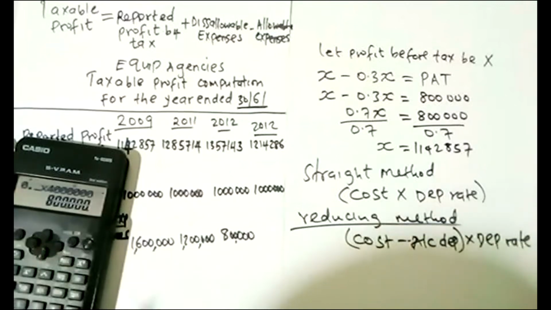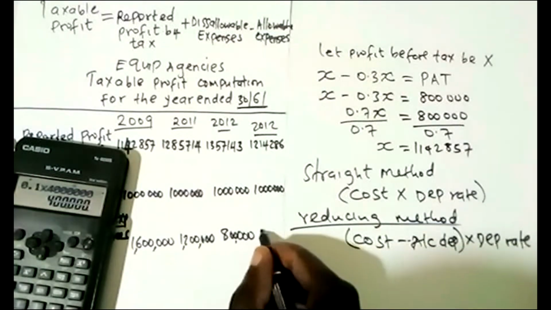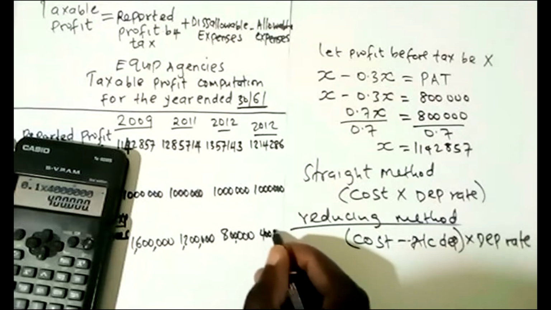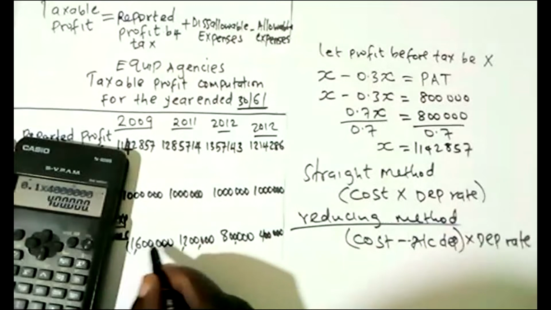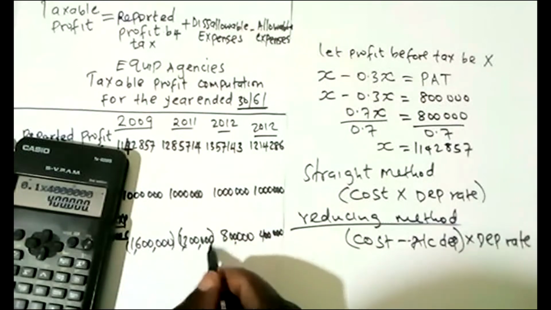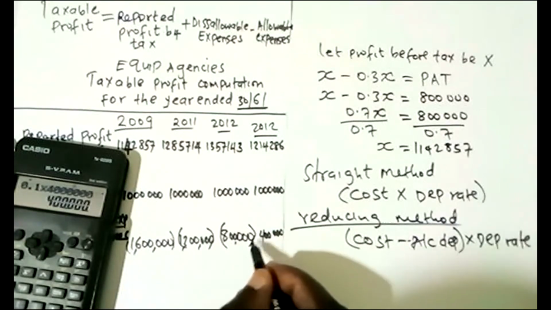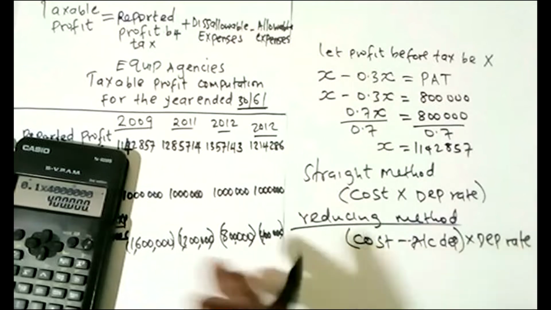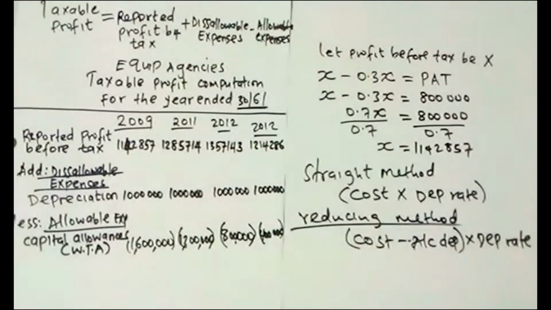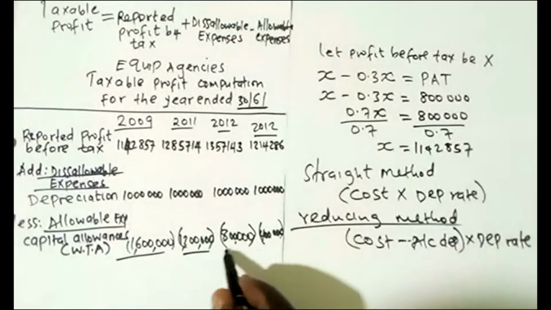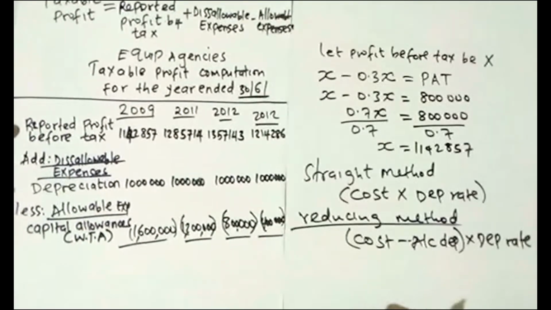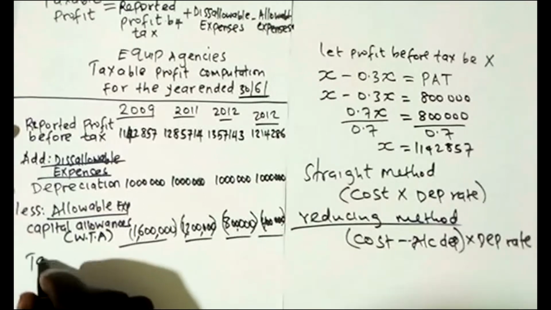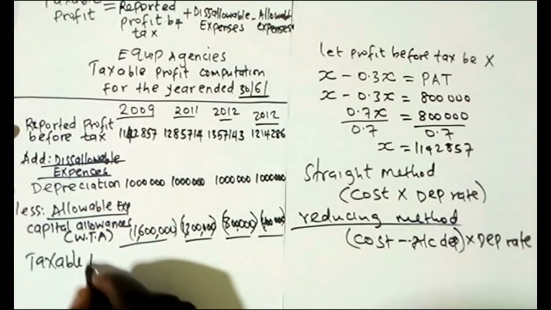Then the last one is 10%. So that is 400,000. For the allowables, we subtract. For the disallowables, we add back. Up to that point, we are able to get the taxable profit.